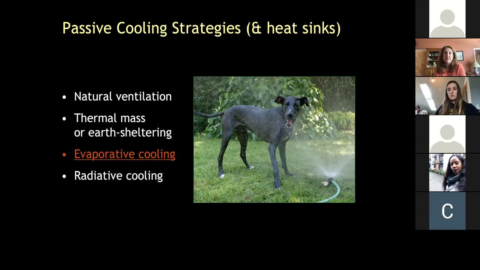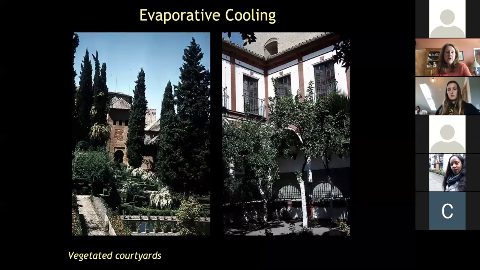So the idea of evaporative cooling is where you're using water as the heat sink, right? One of the most common ways to use evaporative cooling is simply through gardens and vegetation, right? So the plants themselves are going to have evapotranspiration. They are going to give off moisture.